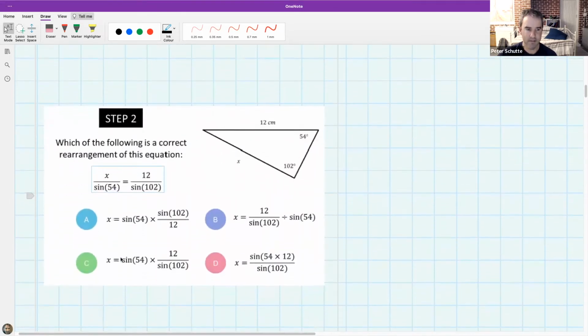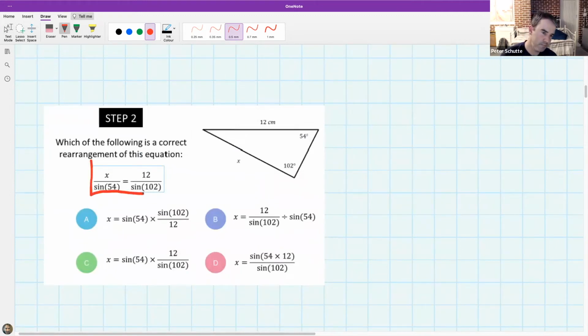You are given the equation in the block. Which of the 4 options is the next step when solving, basically solving for a side using the sine rule? So you're given the thing in the red block.